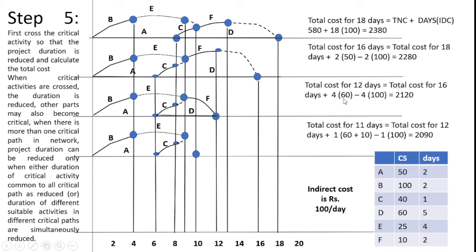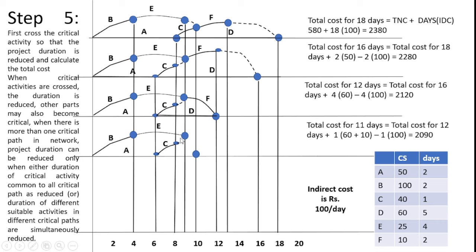From this I can get 2280 plus 4 into 60 minus 4 into 100, I can get 2120.